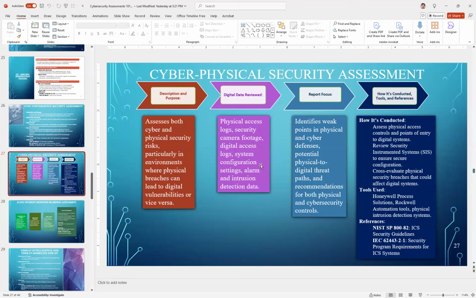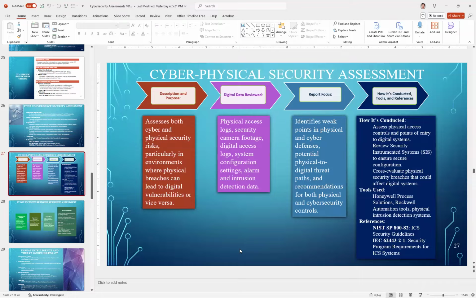Your cyber physical security assessment assesses cyber and physical security risks, and it primarily focuses on environments where physical breaches also lead to digital vulnerabilities or the other way around. Physical access logs are used, security camera footage, which is physical, but it is helpful.